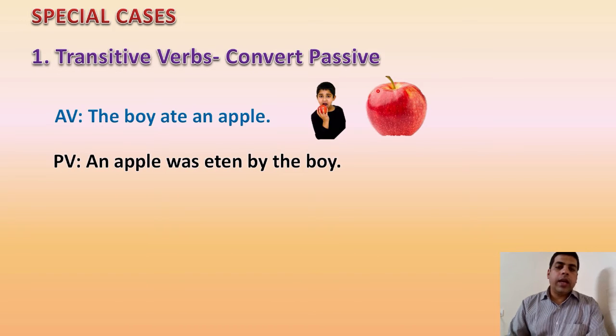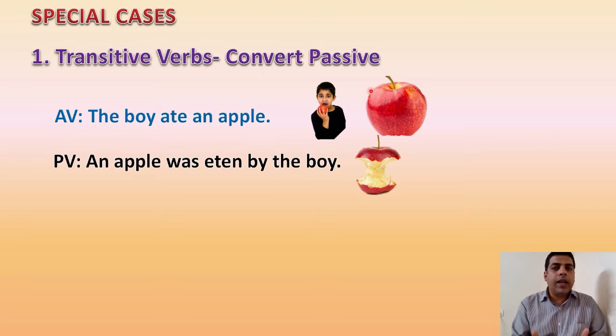Now, when we convert that to passive, we understand that the object has got some effect. Something is acted upon the object. So, what happens? The apple gets eaten. The apple was eaten by the boy. So, if that action, eat, has an object for it, we call that a transitive verb.